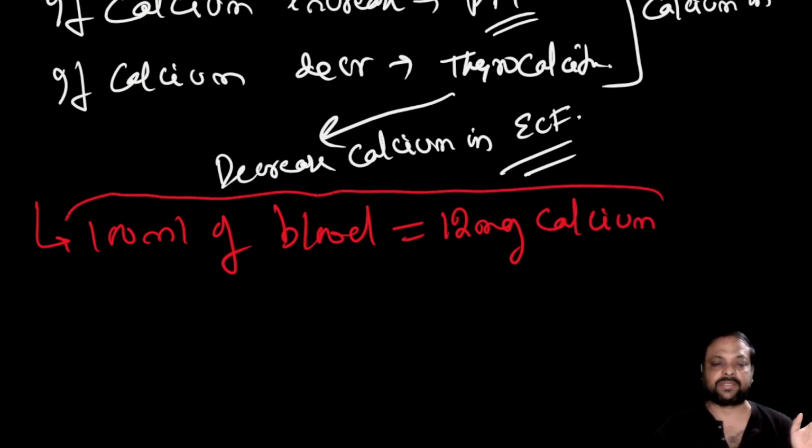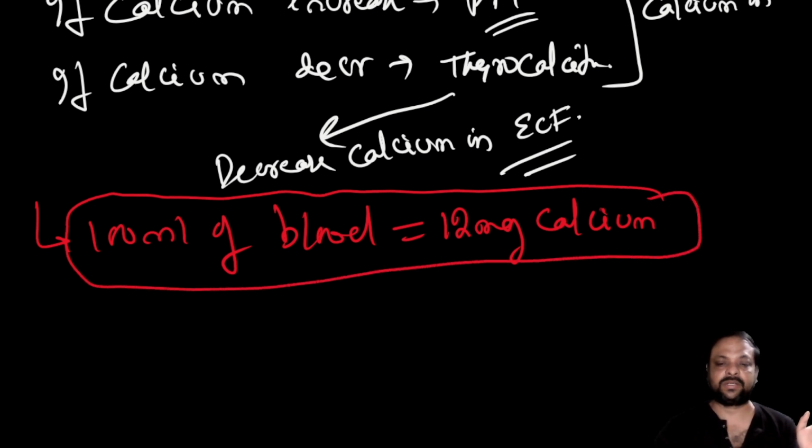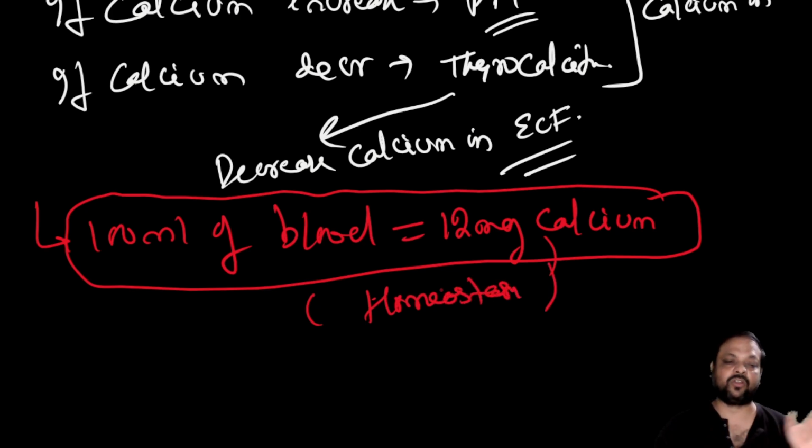So at last we discussed that the antagonistic actions combine to form homeostasis, and the normal amount of calcium is 12 milligram in 100 ml of blood. So this is all about our discussion of the physiological action of calcium.